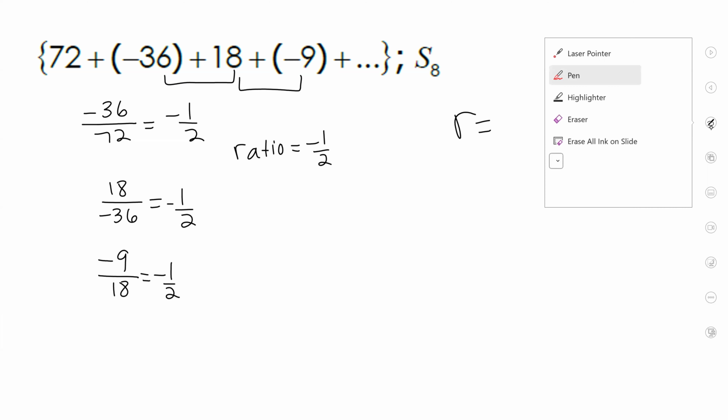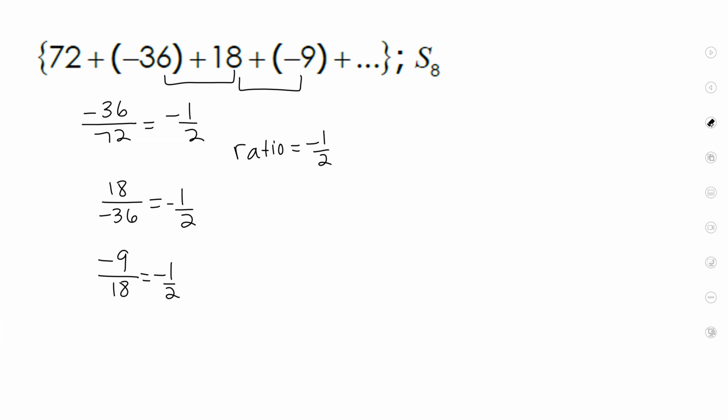I'm going to write down the formula real quick so that we can be reminded of it. The sum is the very first term times 1 minus r to the n over 1 minus r. So guys, I already know what the common ratio is. I can erase these r's and replace them with negative 1/2.